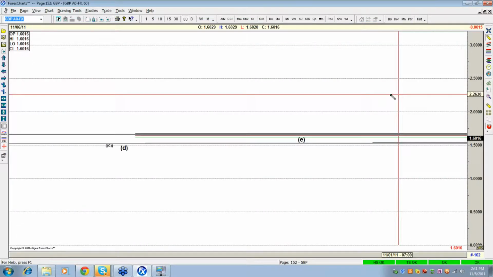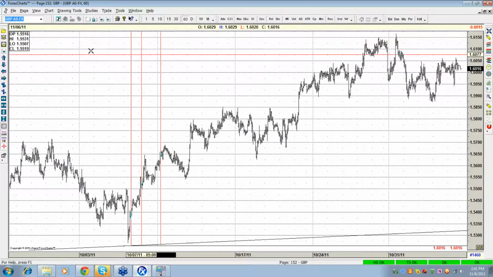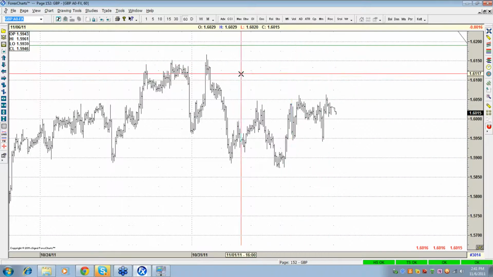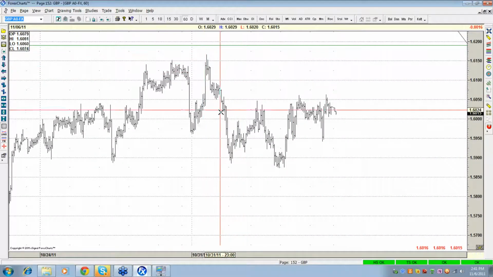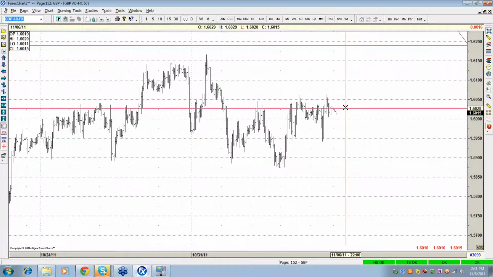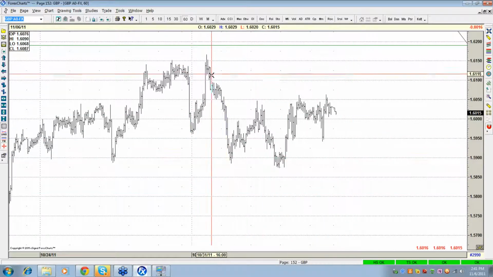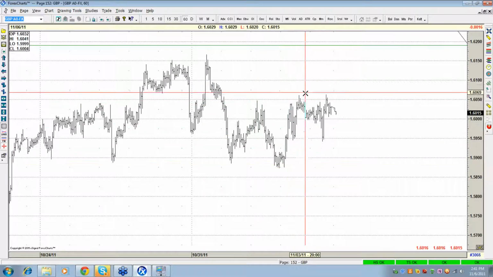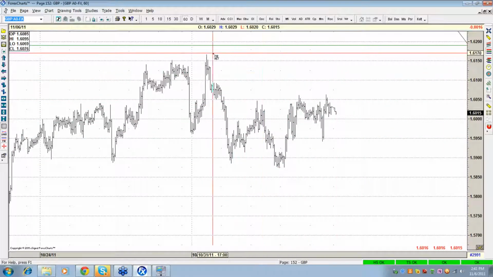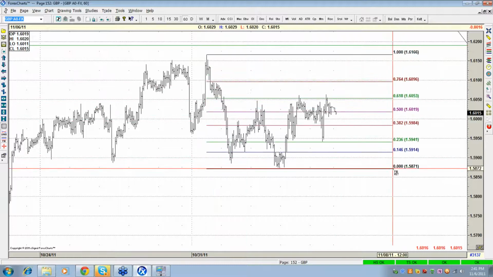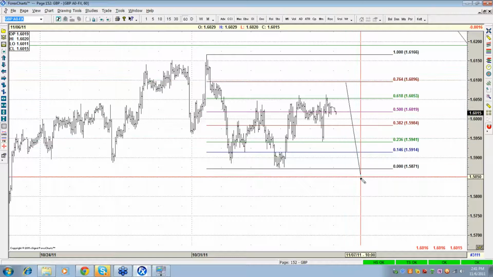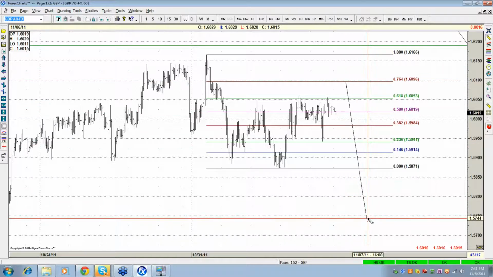Then when you go small, like a 1 hour, you can see that this has nothing of impulse right here. This is corrective in my view. When you have A, B, C, A, B, and then cable, it's going to trade higher tonight, like around 161, and from there, cable should drop.